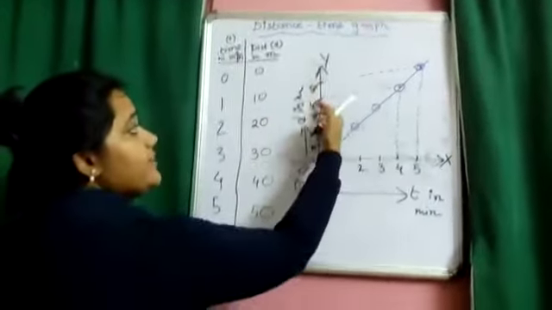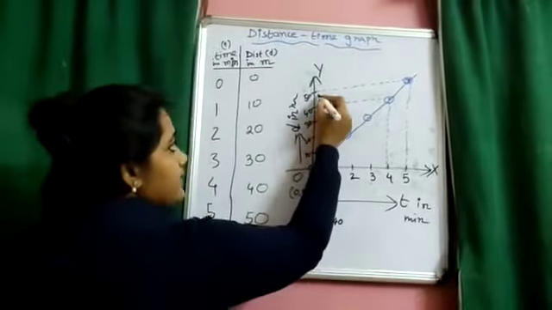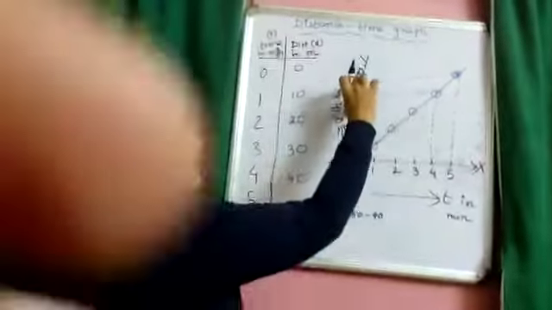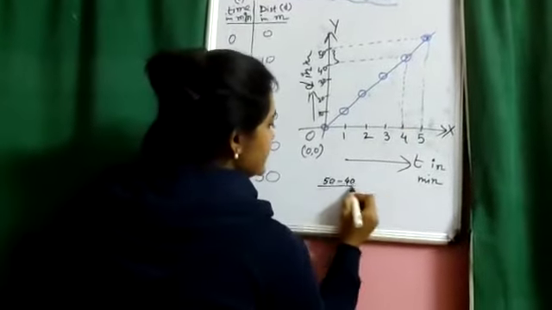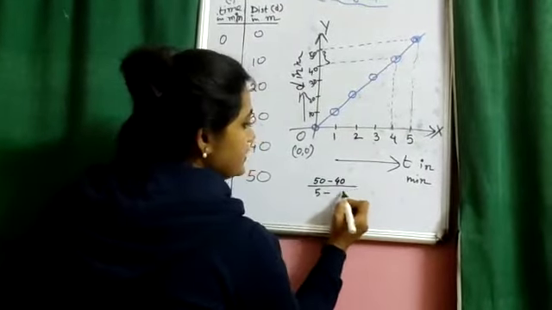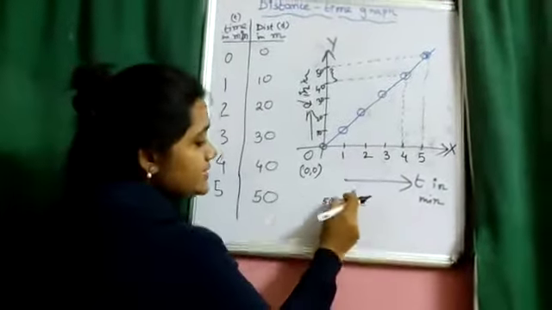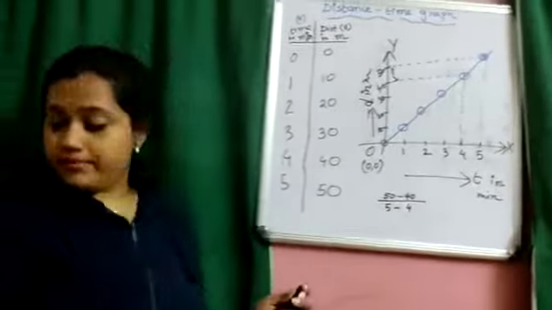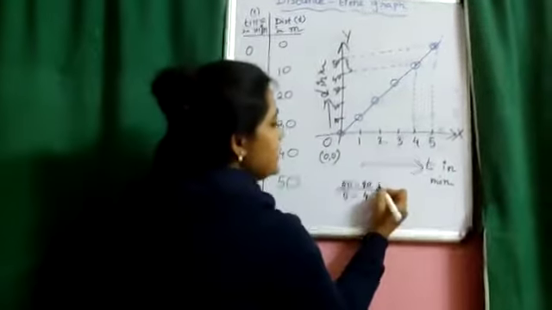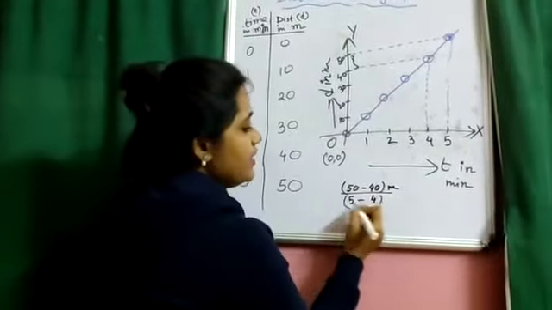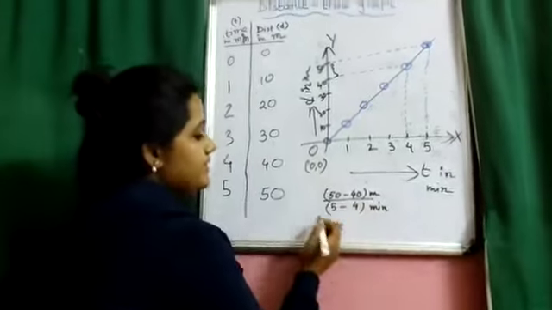Okay, so final minus initial, that is 50 minus 40. This much distance it has covered in how much time? That is 5 minutes minus 4 minutes, that is in 1 minute. So 50 minus 40, that is 10 meters of distance it has covered in 5 minus 4, that is in 1 minute.